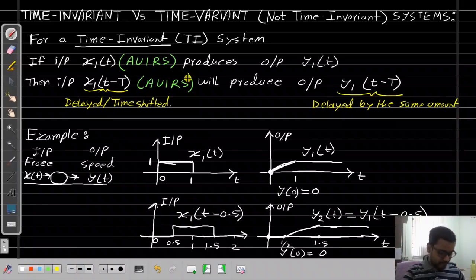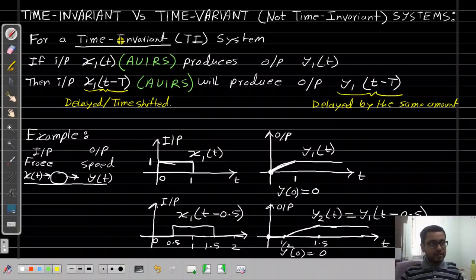Okay. So let me repeat. A system is time invariant if you give a delayed input, you shall get the output also delayed by the same amount. And again, this is true only if you are considering an initially relaxed system. Otherwise, this definition is not valid.